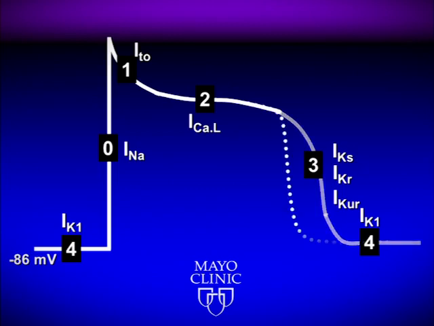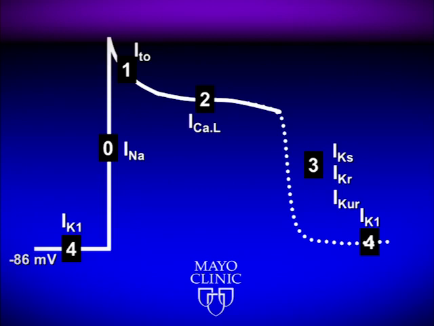Well, that would cause the plateau period to shorten, to cause repolarization to occur more quickly, and in fact, what you and I have just done is convert the ventricular myocyte into an atrial myocyte.